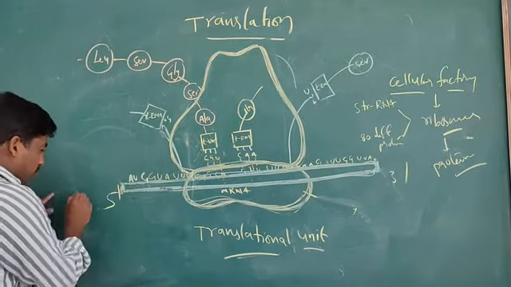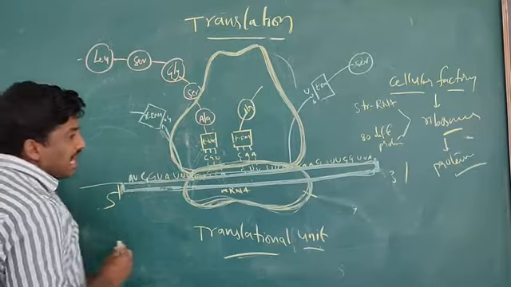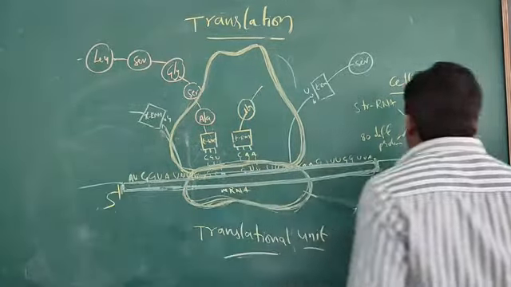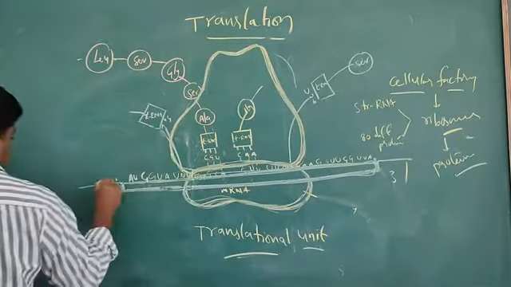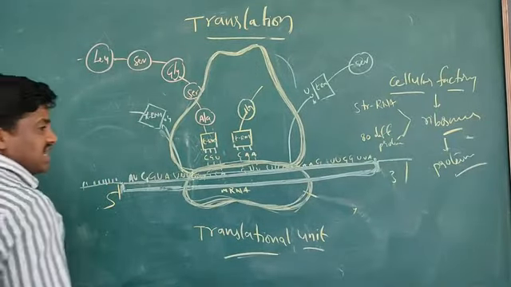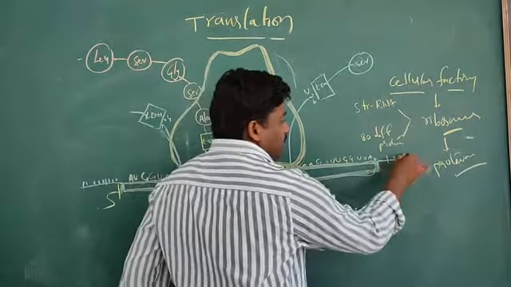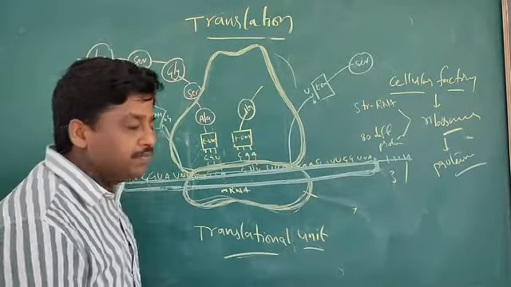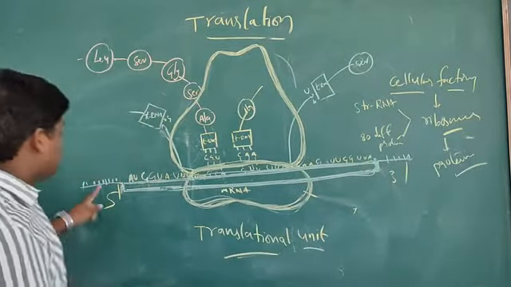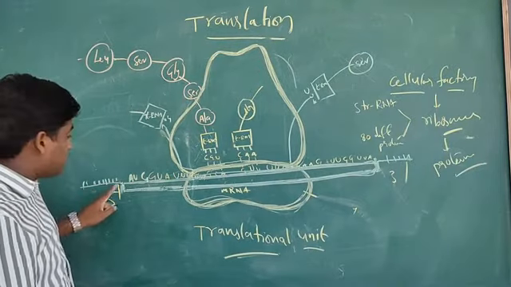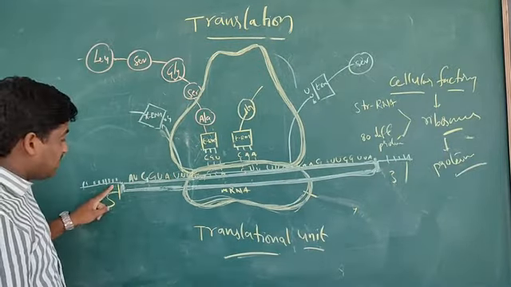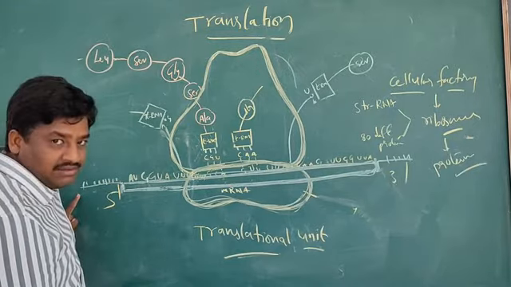at the 5' end before, and the 3' end after, some additional sequences are present. These are nitrogen bases, and the sequences are not translated.